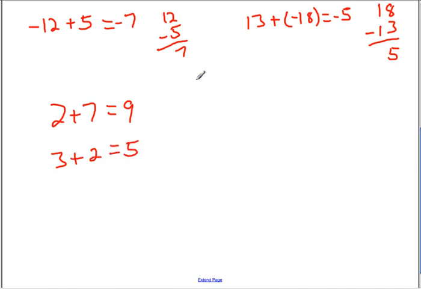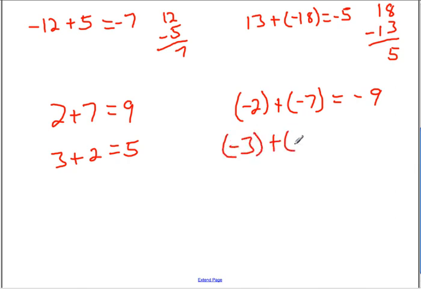The same thing happens with negative numbers, except the answer is negative. So if I had negative 2 plus negative 7, I would still get 9, but it's a negative 9. And if I did negative 3 plus negative 2, I would get negative 5. So that's how to add things with the same and different signs.